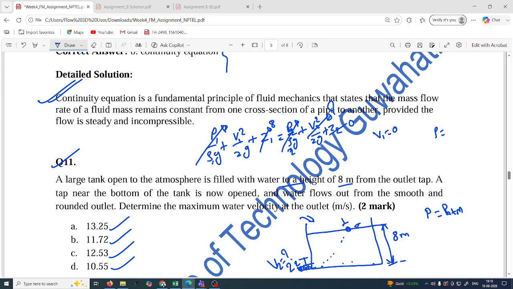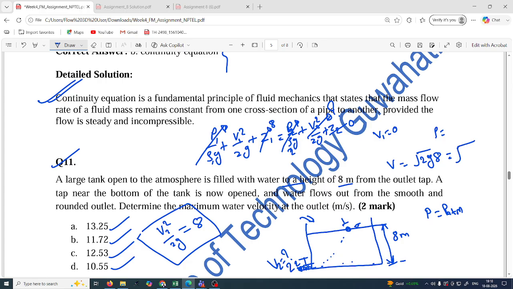So finally you remain with V2 squared by 2g equal to 8. Now you can calculate easily. V is equal to root of 2g times 8.